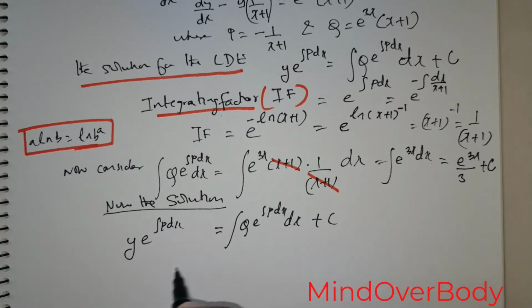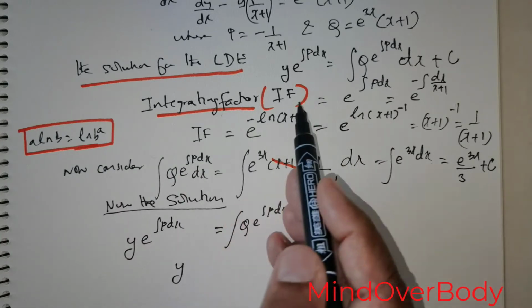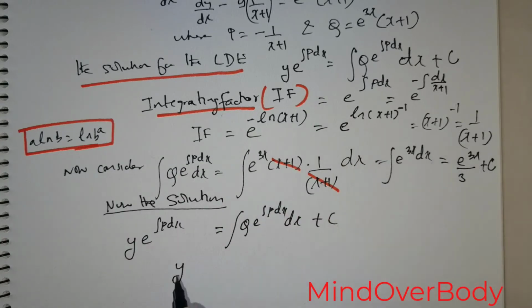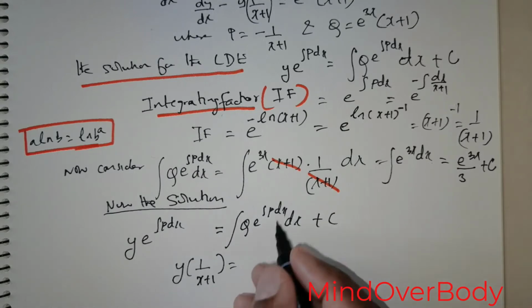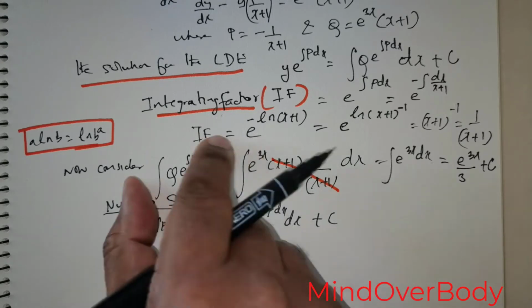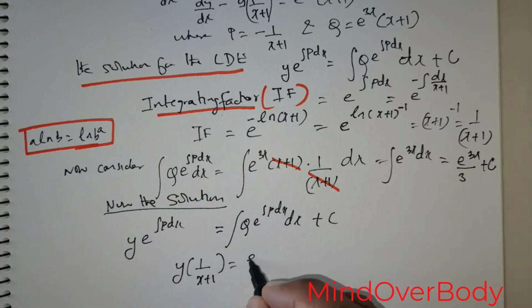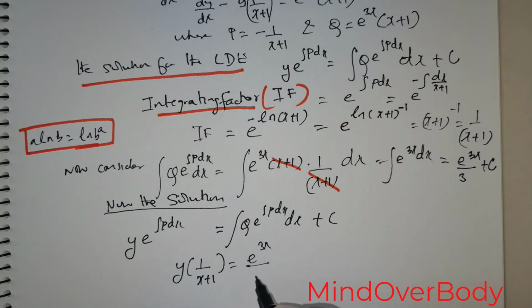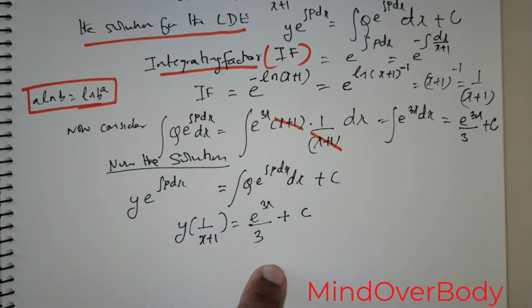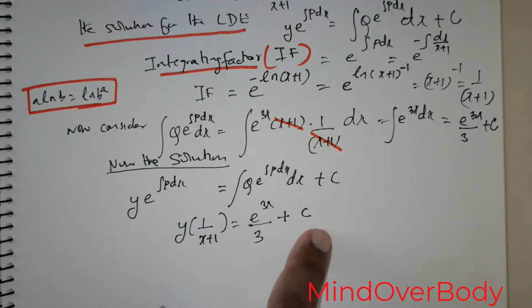According to this, y times e raised to the power of integral p dx, which is y over 1 over x plus 1, is equal to this quantity. We have already evaluated this quantity to be e raised to the power of 3x divided by 3 plus arbitrary constant c.